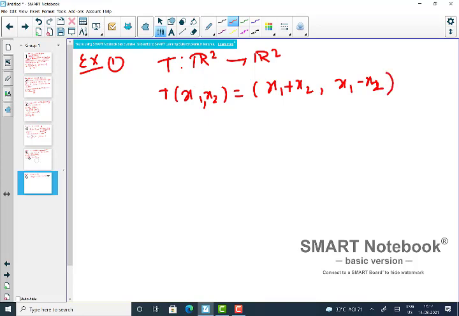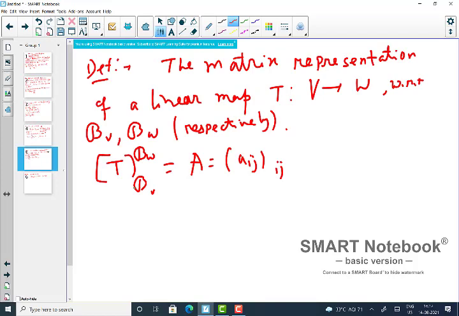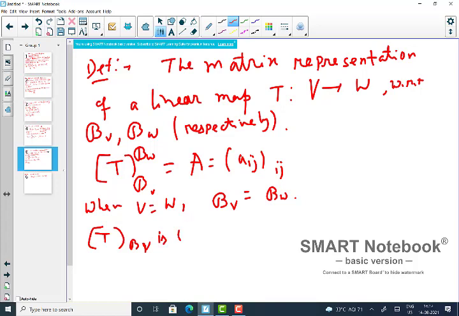One more thing: when V equals W and both bases are the same, you can choose different ones also, but if you choose both the same, in that case we will only write T with the single basis as the matrix representation.